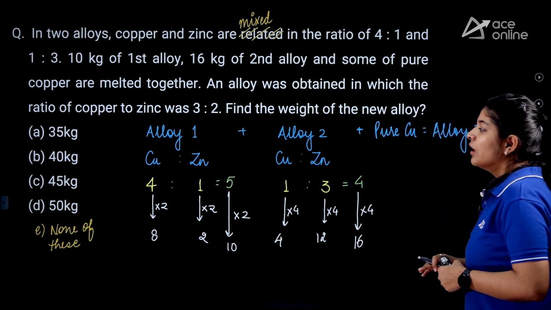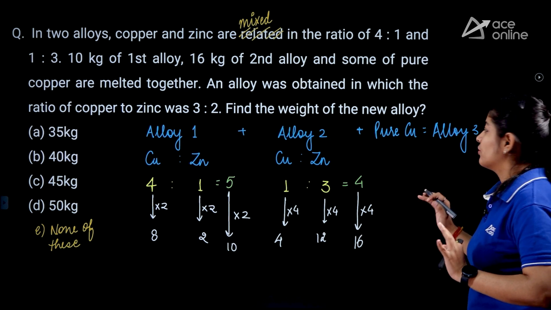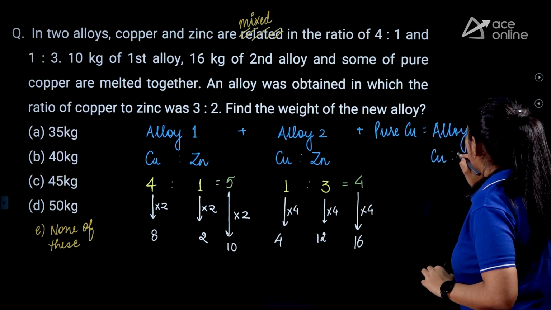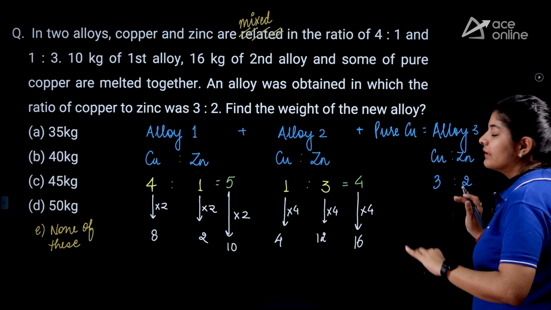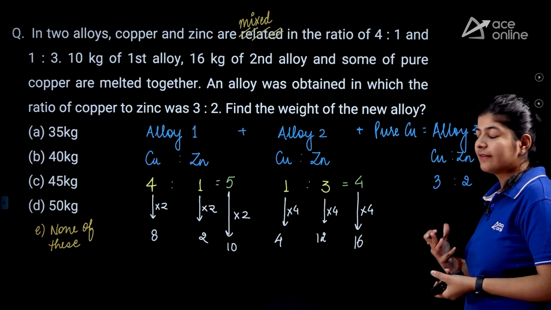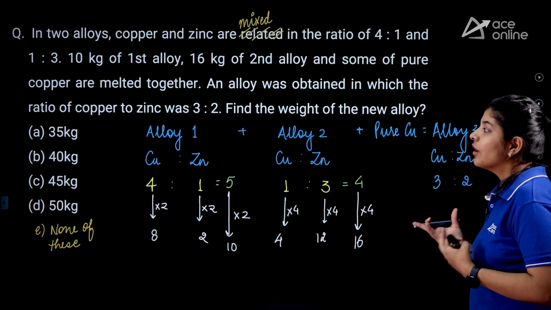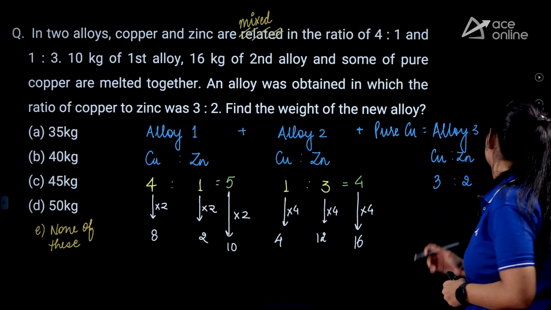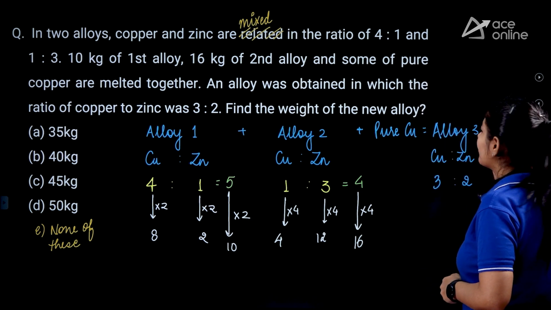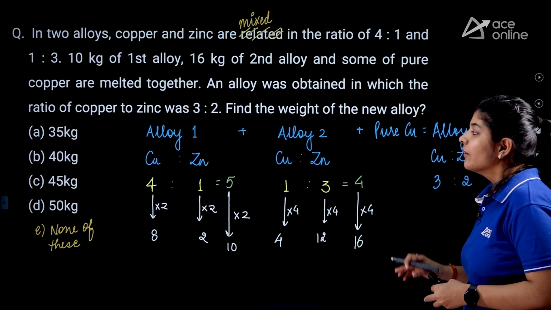The ultimate ratio that we are getting of copper and zinc is 3:2. Now we have to determine the new weight of the alloy. So how are we going to deal with this?